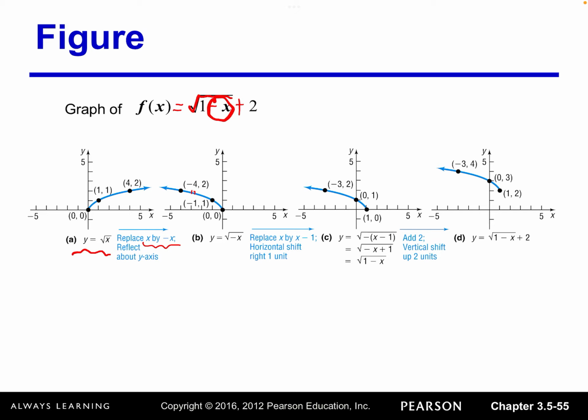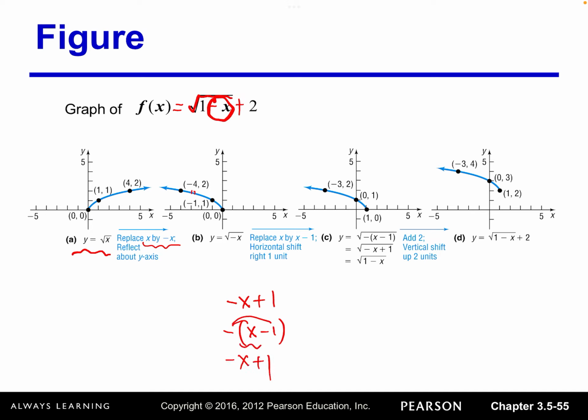And the next step, inside the square root function, we have negative x plus 1, but actually the negative sign is already applied to the x, right? So we need to rewrite inside the parentheses as x minus 1. If we open the parentheses and distribute, that's negative x plus 1, right?